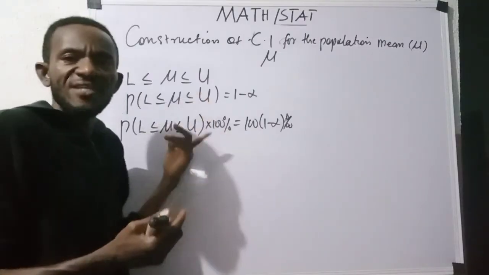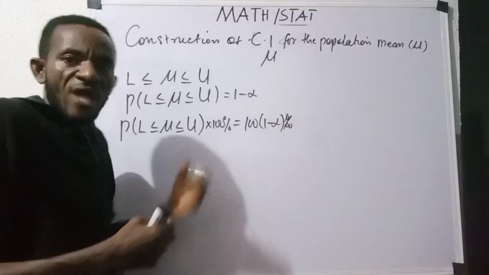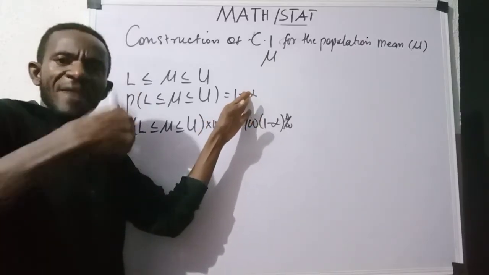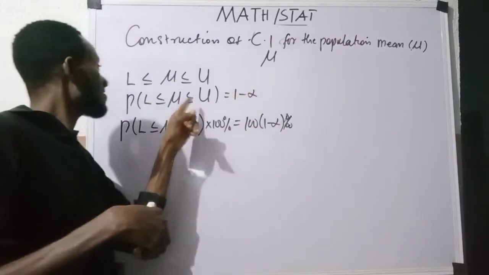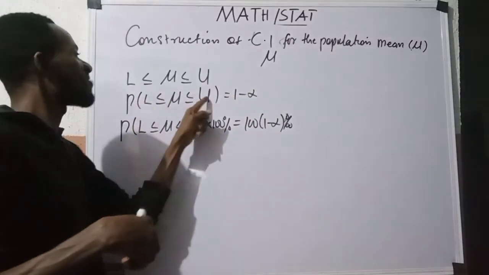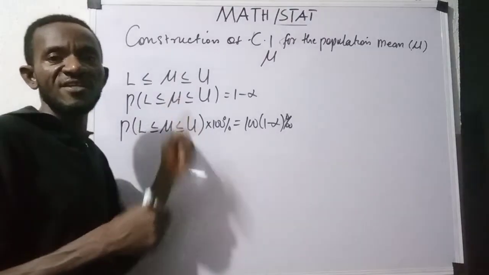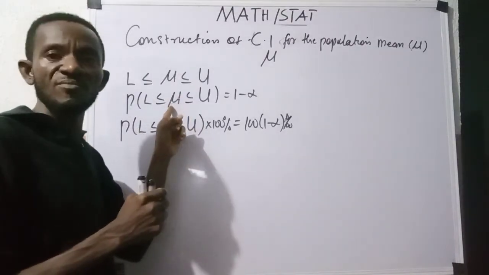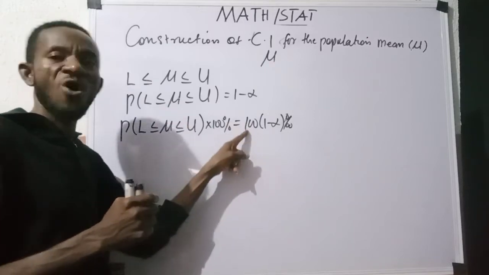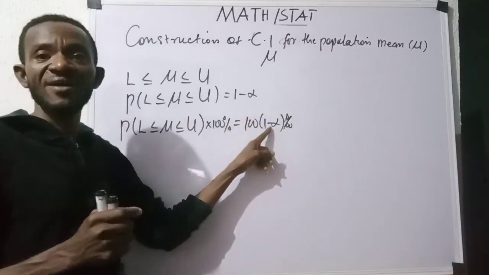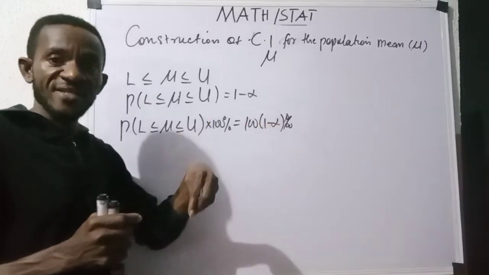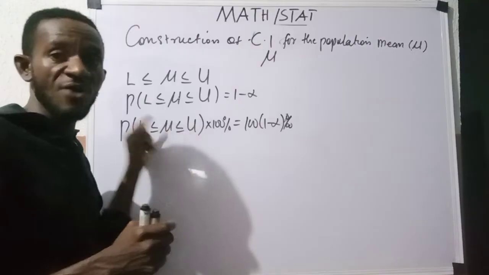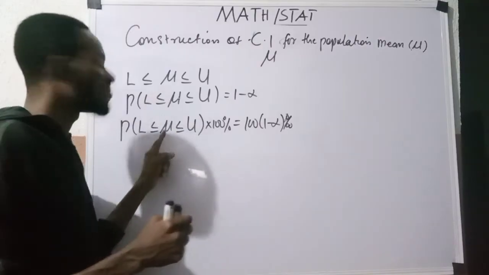So here we are saying that we are 1 minus alpha confident that our confidence interval L and U is going to contain the unknown population parameter mu. We are 100 times 1 minus alpha percent confident that our interval L and U is going to contain the unknown population mean mu.